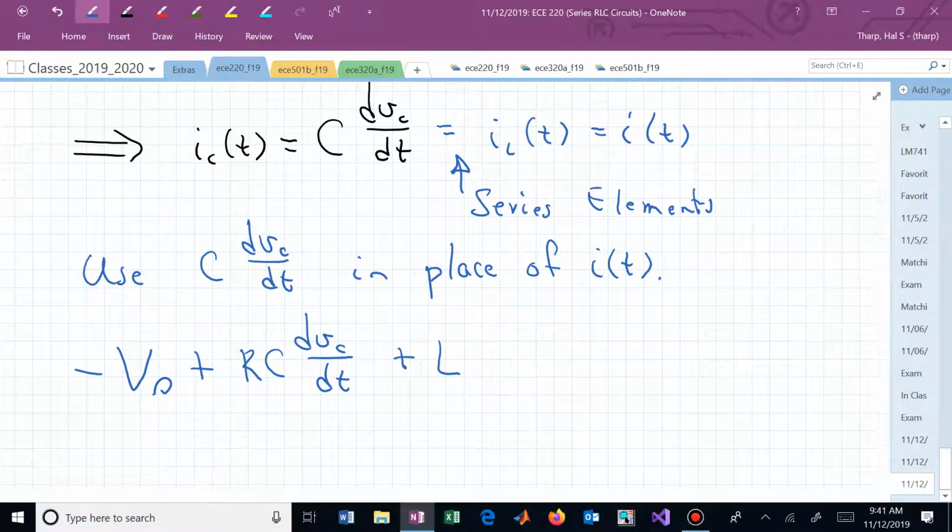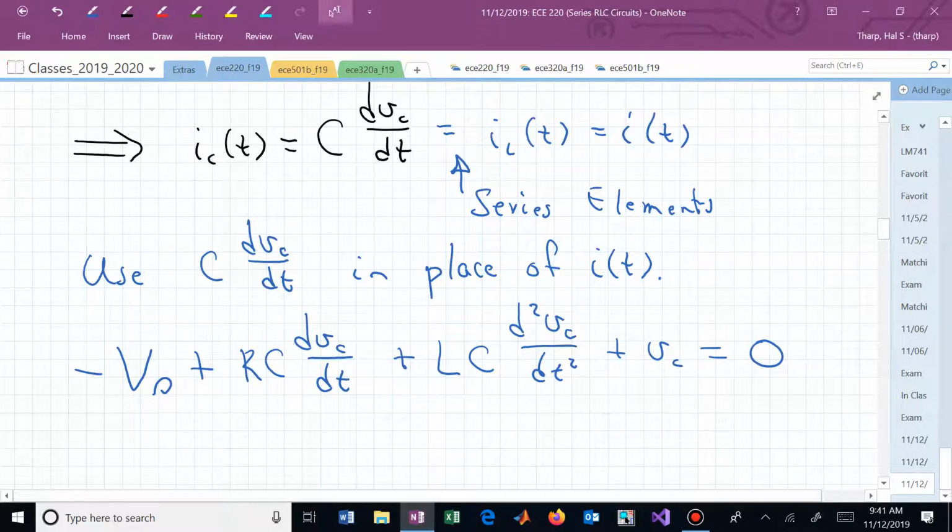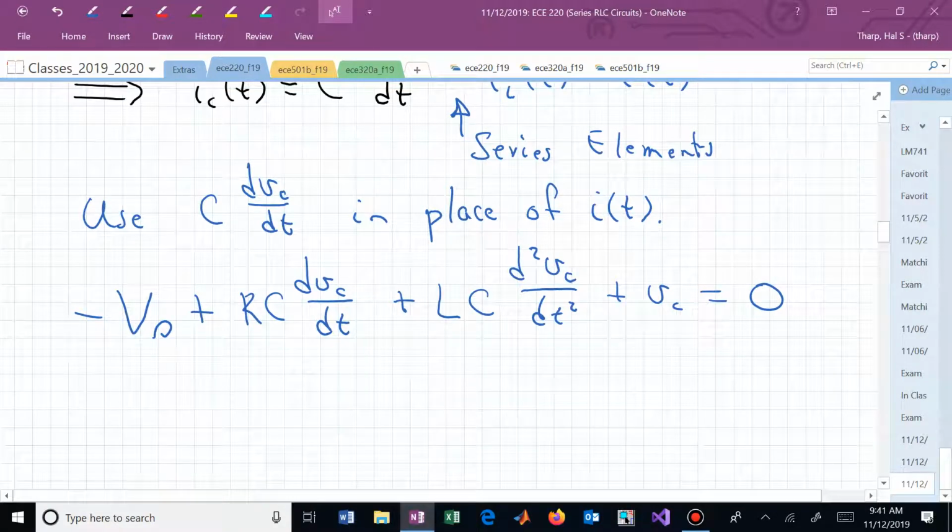Again, I is being replaced by C dV sub C/dt, so now we need to differentiate that a second time, and we have our capacitor voltage as before. And now we have a second order differential equation in terms of the capacitor voltage V sub C.